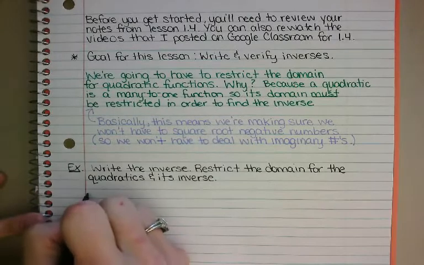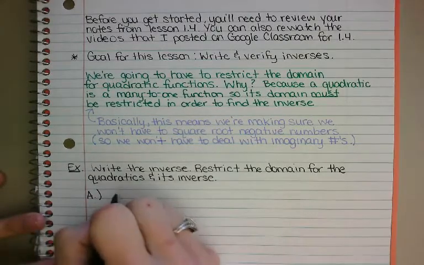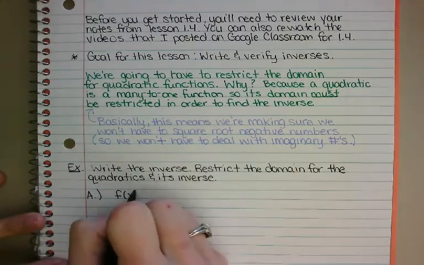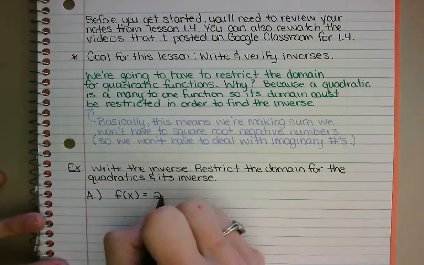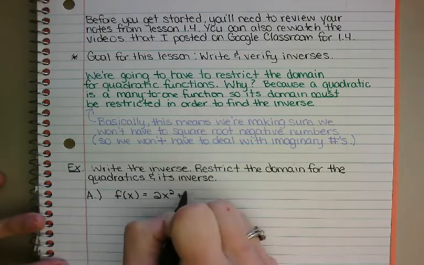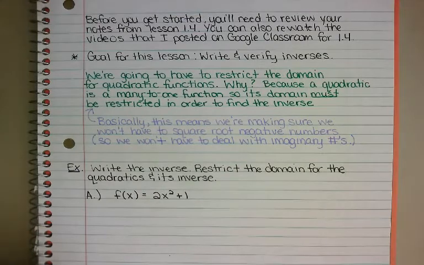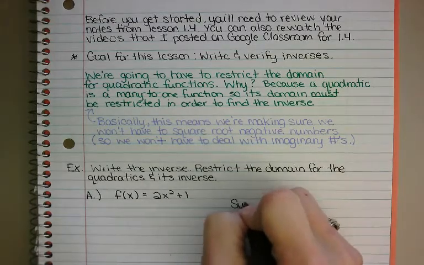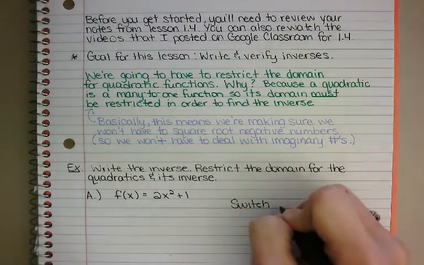All right, so we'll start off with quadratics first. So let's say I have f of x equals 2x squared plus 1. Looking at our notes from lesson 1.4, we first need to switch the x and the y.